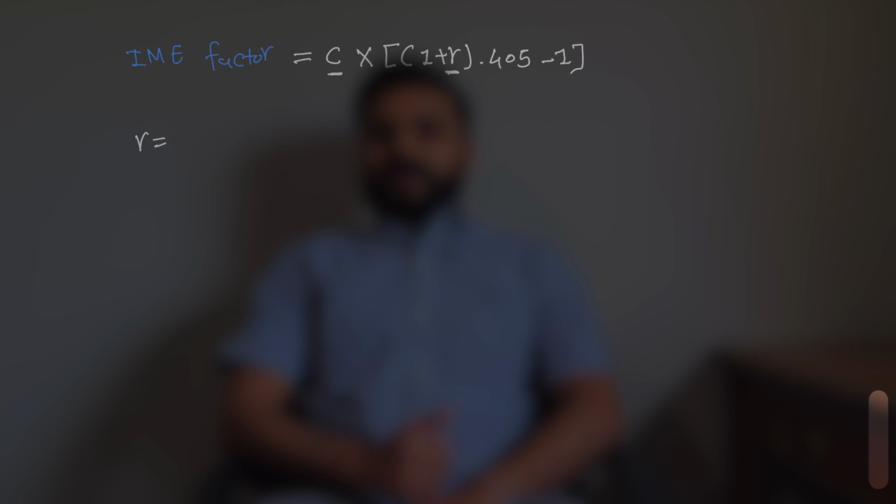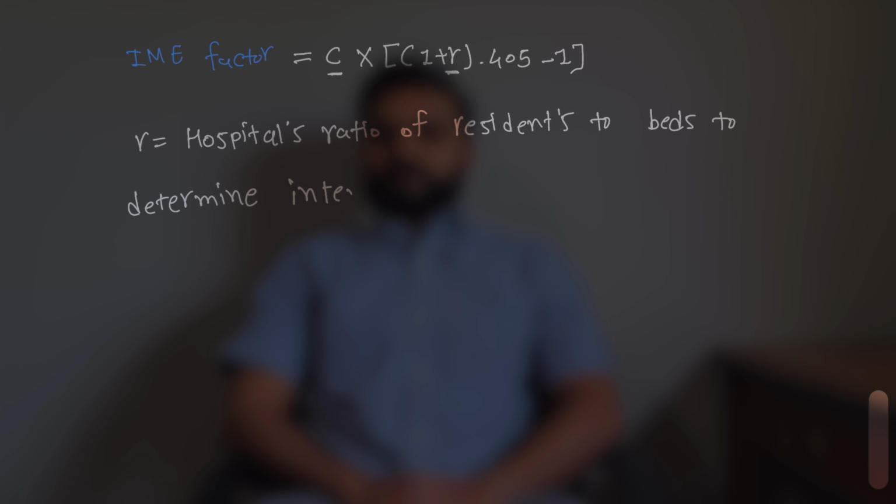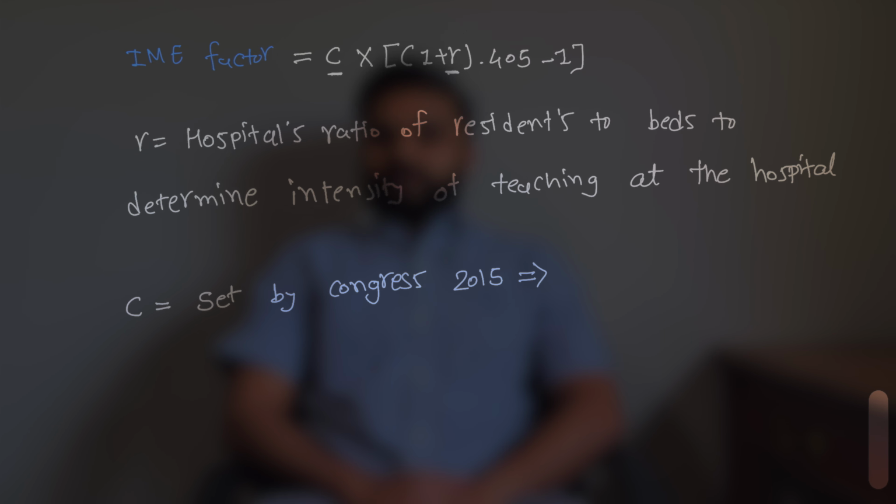Now the IME adjustment factor, it's complicated. I'm just going to write it down over here, where R stands for the hospital's ratio of residents to beds to determine intensity of teaching occurring at that hospital, and the multiplier C is set by Congress in 2015, which is 1.35.